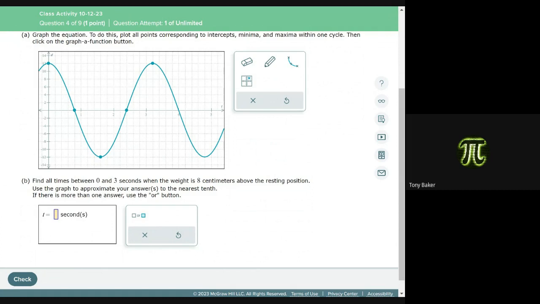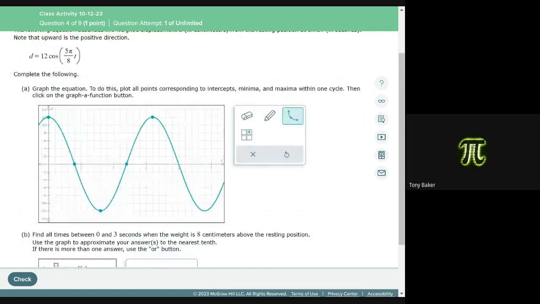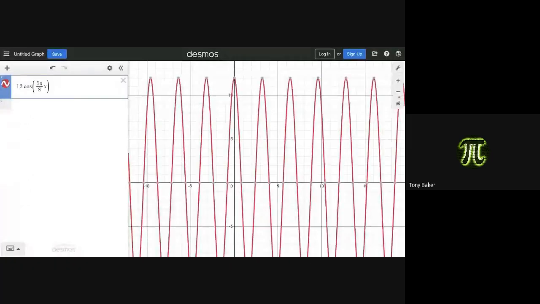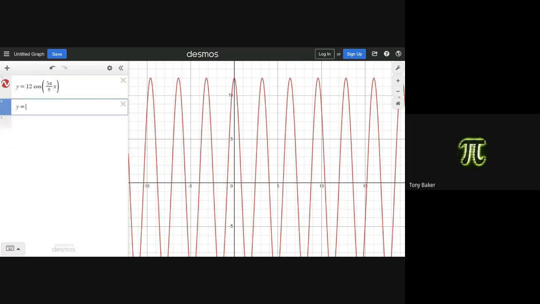You're going to use Desmos and graph it. So let me put the equation in here. Hold on, I need the equation. So graph it in Desmos like this. So you have y equals that. And then just put y equals 8.